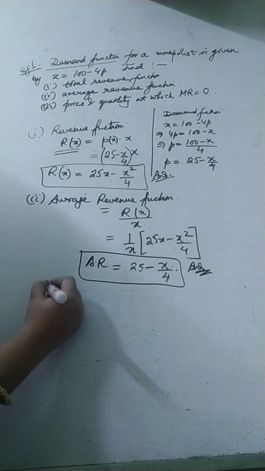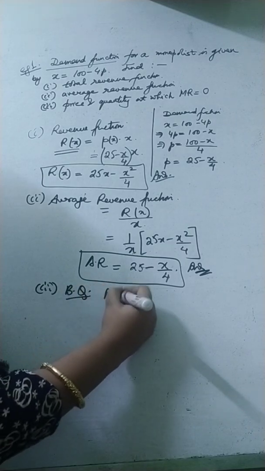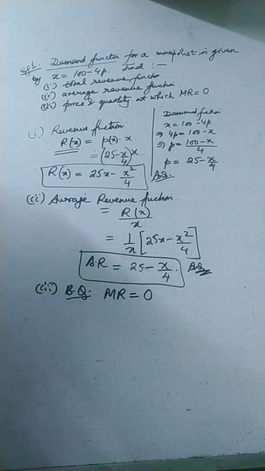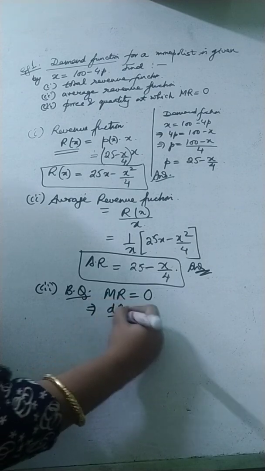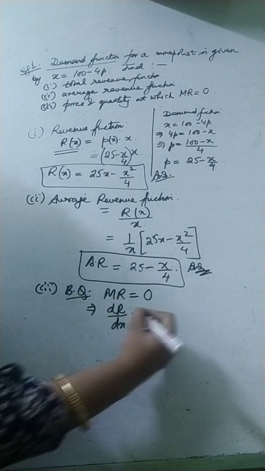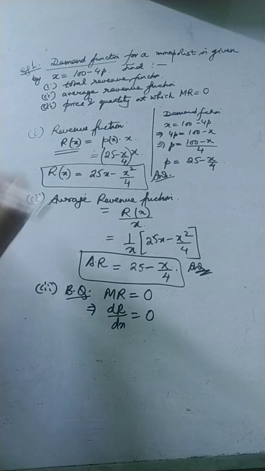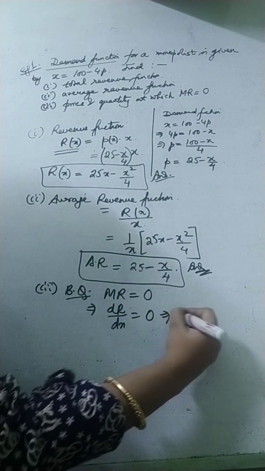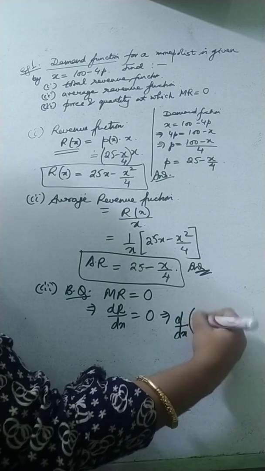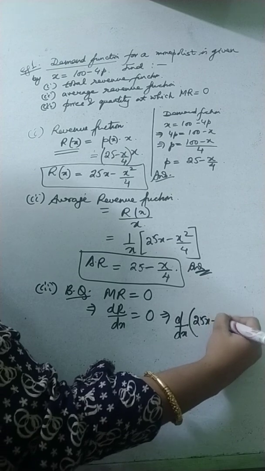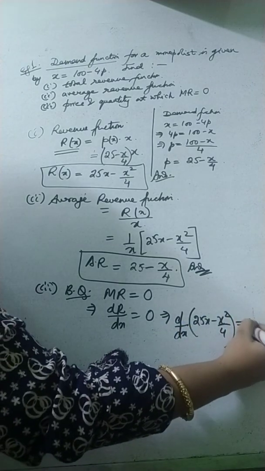Next comes find the price and quantity at which MR is equal to 0. Now they are already setting up a condition that by the question MR is equal to 0. MR is dR/dx by the definition of marginal revenue. What is R? R is this. So you have to do d/dx of this function, 25x - x²/4, and equate it to 0.